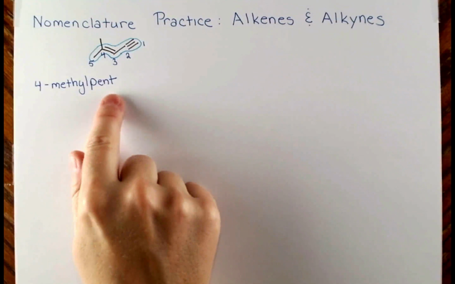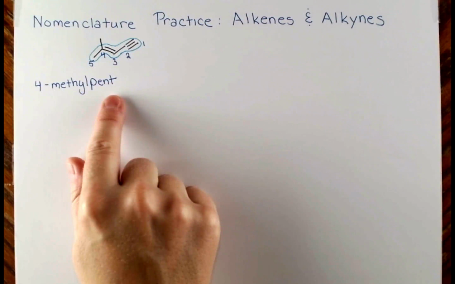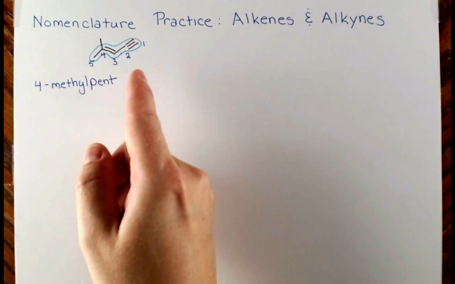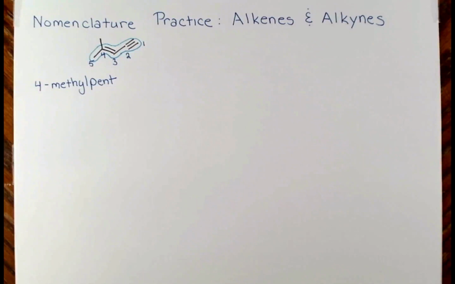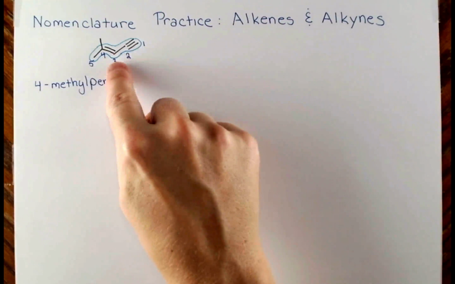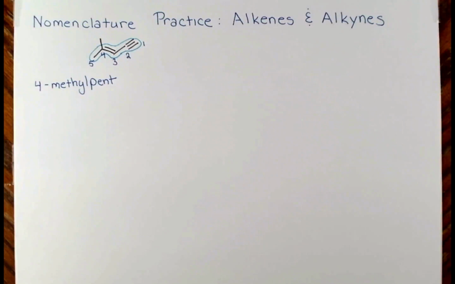I stopped at pent here because now we actually need to define the position within the chain where we find our alkene, since we're naming this as an enine. The alkene begins at the 3 carbon, so we need to add in a number 3 before we define our alkene.